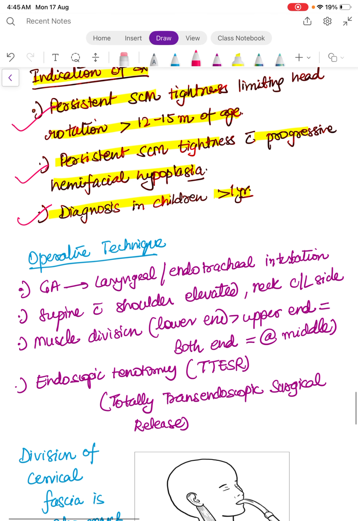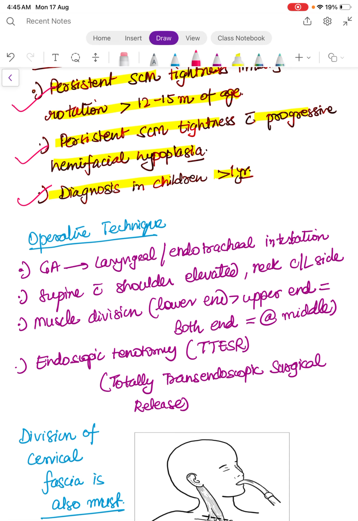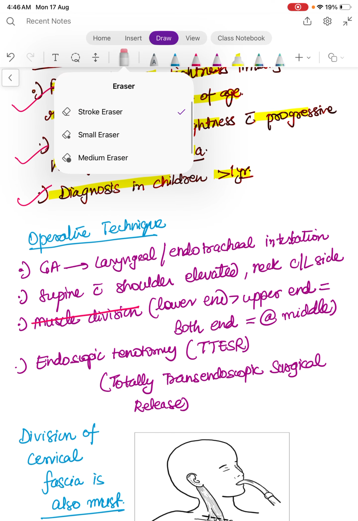Regarding the operative technique, I am not going to discuss it in detail. It is usually done under general anesthesia with endotracheal intubation, in supine position with the shoulder elevated and the neck turned to the contralateral side. The main idea is to divide the muscle.